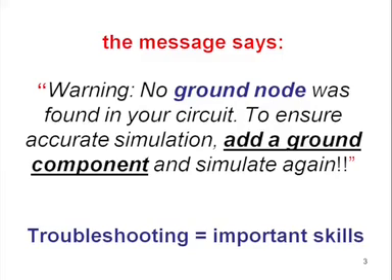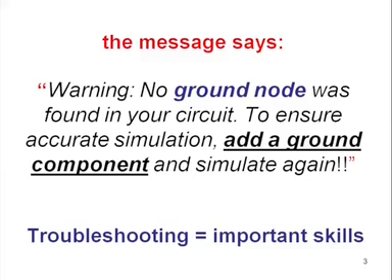So the message says, warning, no ground node was found on your circuit. To ensure accurate simulation, add a ground component and simulate again. So basically what was missing from this almost perfect circuit was a ground.